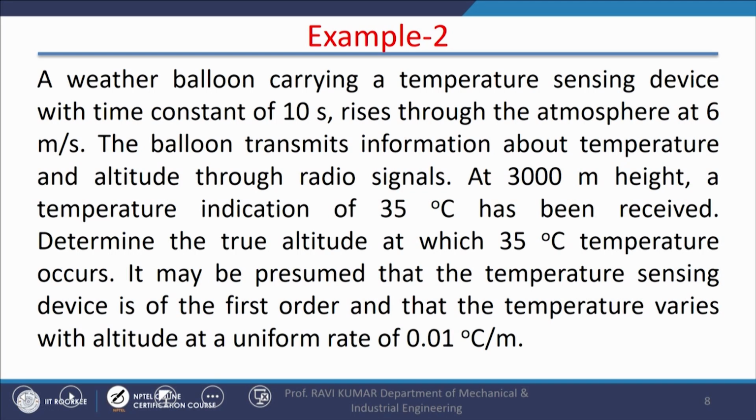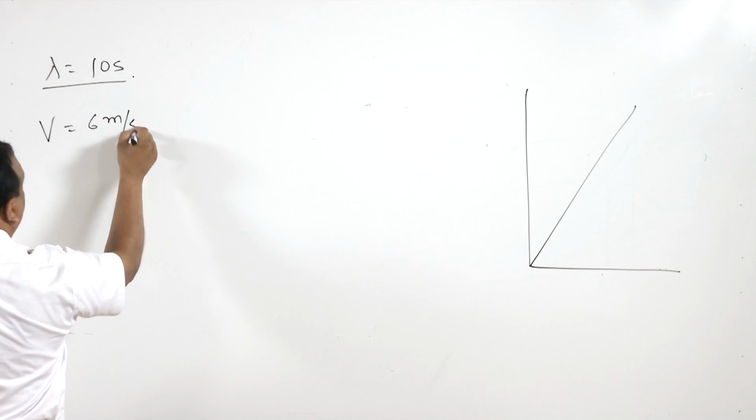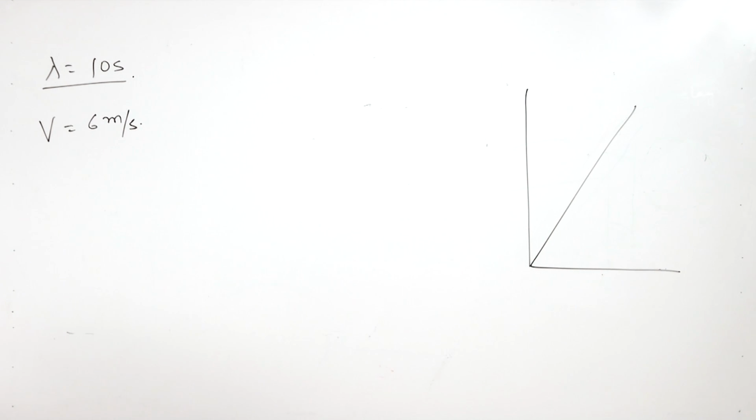The speed of rising of the balloon is 6 meters per second. So the balloon is fitted with a temperature sensor and it is moving vertically with a speed of 6 meters per second.